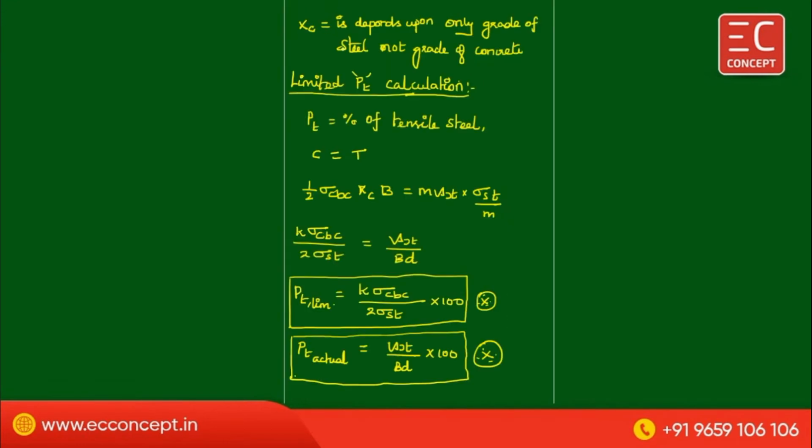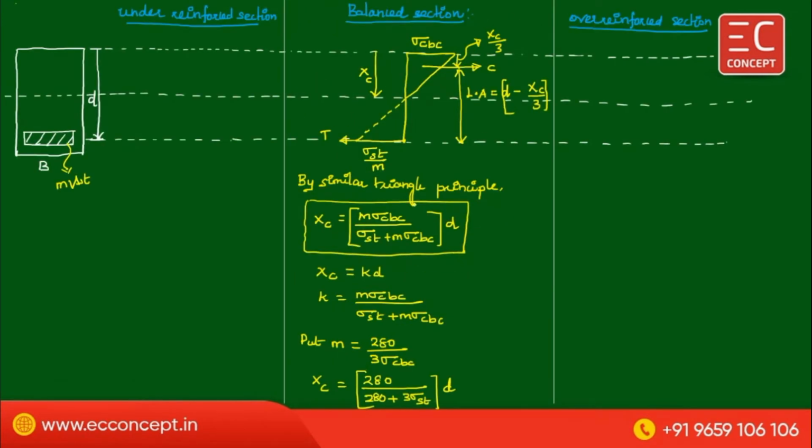Okay. Now we are going to look at the critical neutral axis. The critical neutral axis is calculated by XC. Sorry, critical neutral axis we already finished.